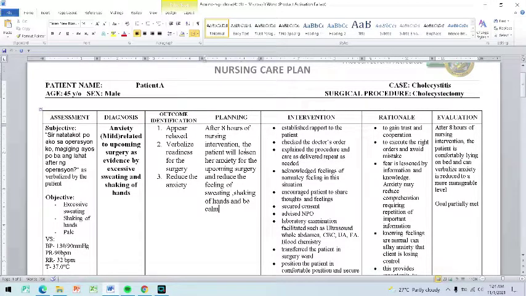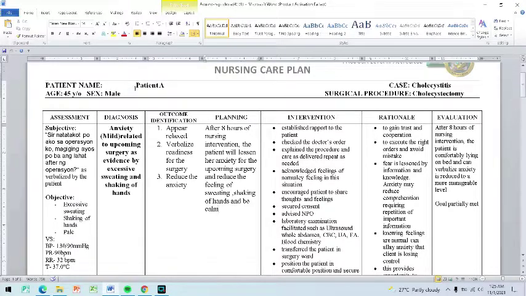This is the latest update or format for the nursing care plan. And as you can see, based on the assessment, there is subjective and objective data. For this setting, it is in a Philippine setting, but you could use this also in any type of setting. On the top portion is the patient name.